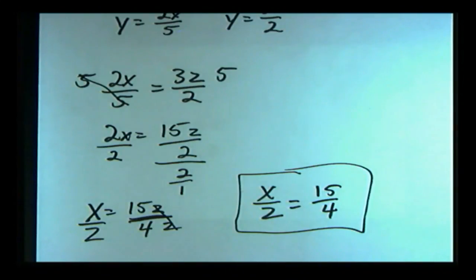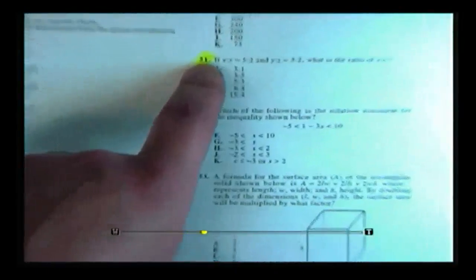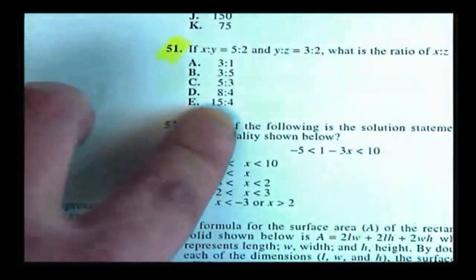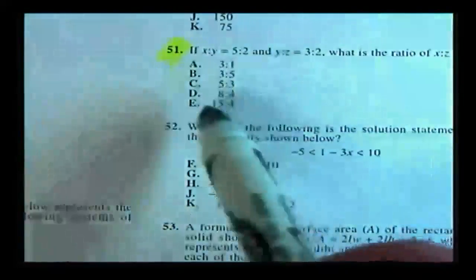And I also hope that's a choice in my multiple choice answers here, number 51. Zoom in. And if you look and see, x over z equals 15 over 4 is E. So our answer is E.